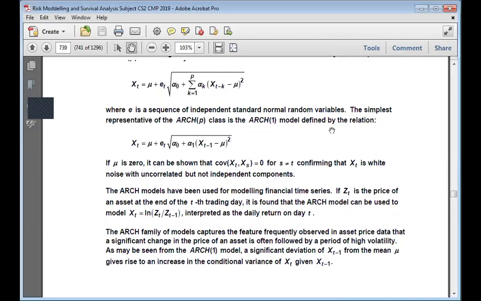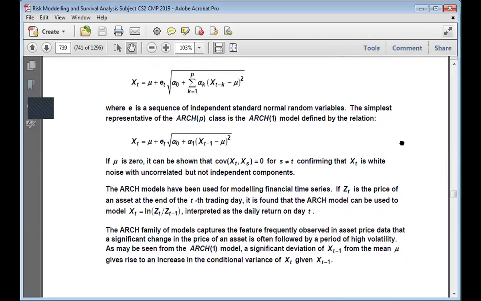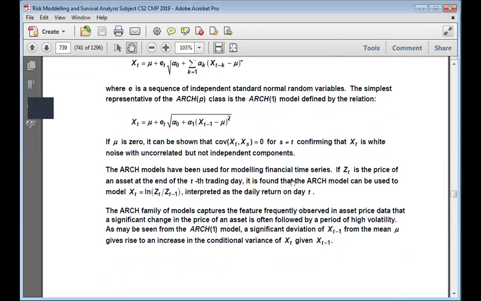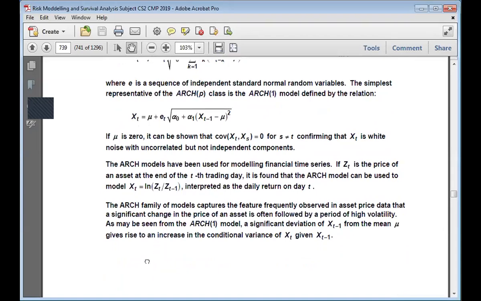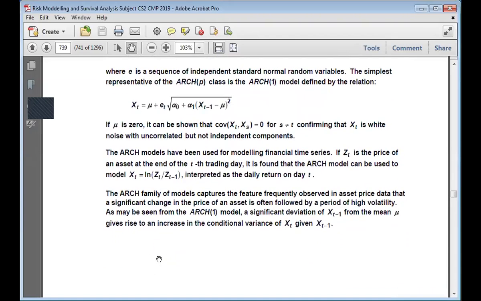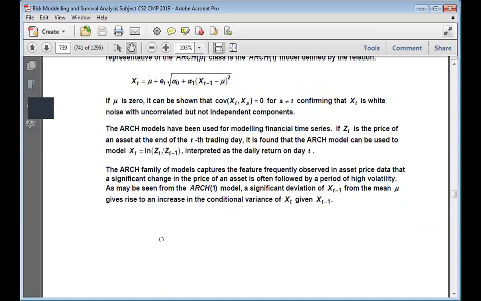Here they are talking about the return and the price data. So the ARCH model can also be used for daily return data. And yeah, that's it.